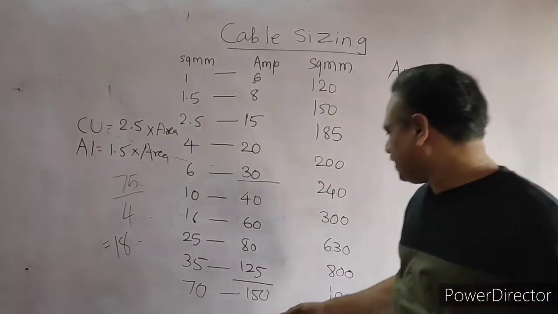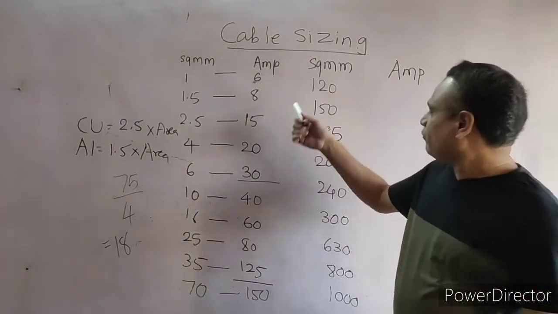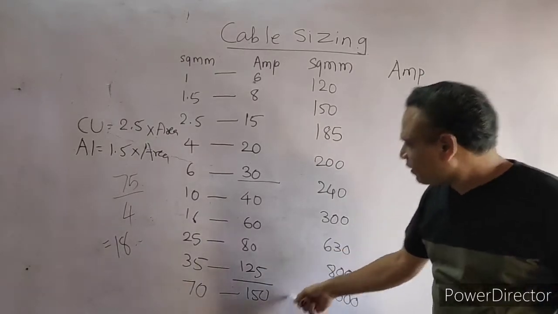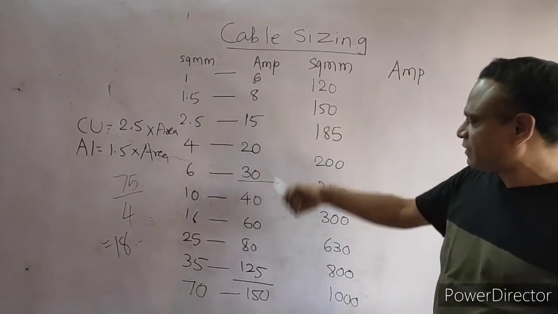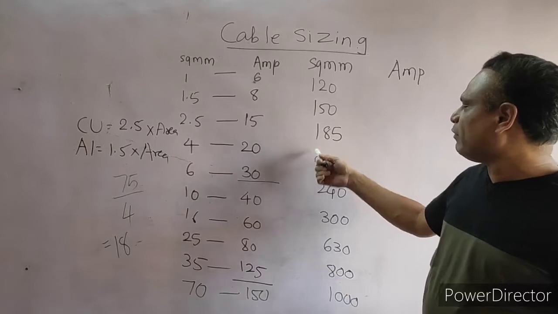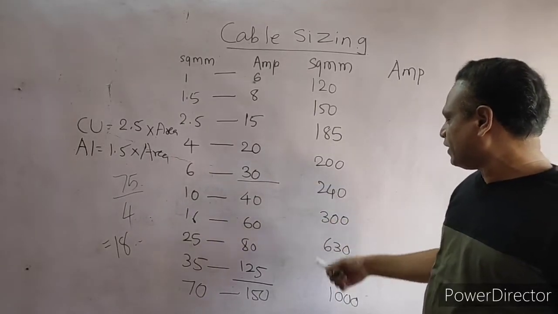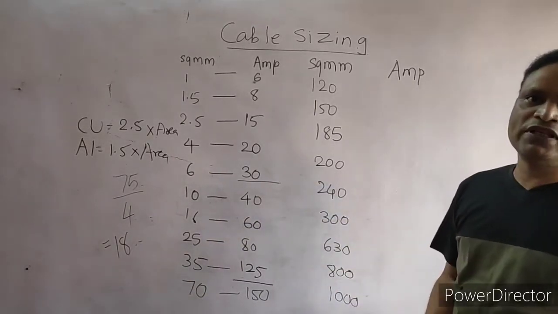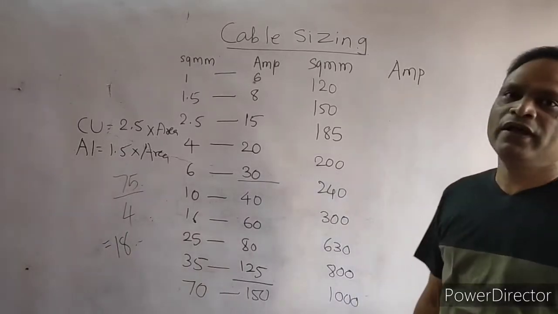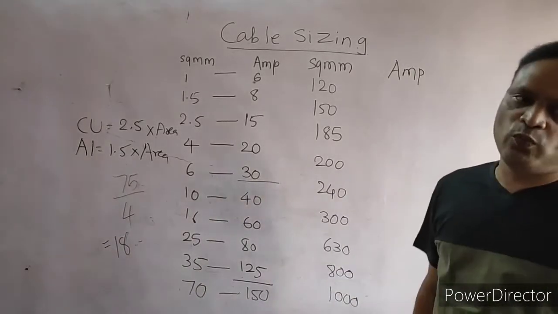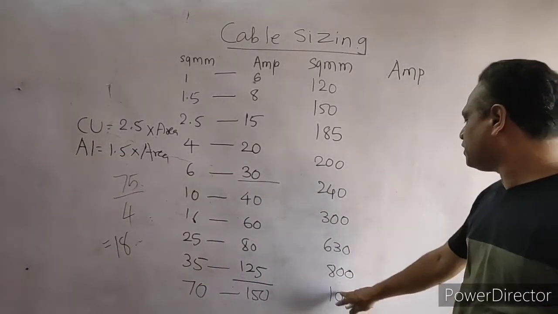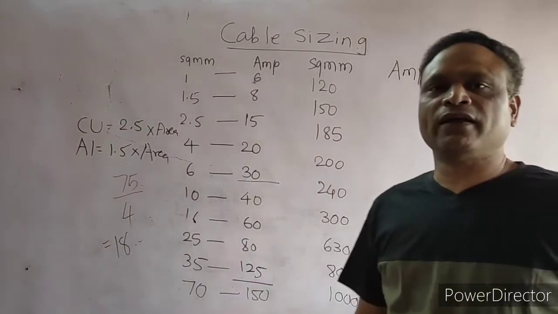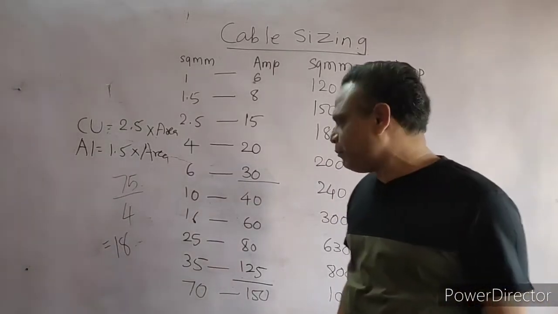And now see, after 125, further up, these are the cable sizes: 120, 150, 185, 200, 240 up to 1000. So here the current rating will be the size multiplied by 2. Accordingly, a 1000 square mm cable will take a current of up to 2000 amperes.